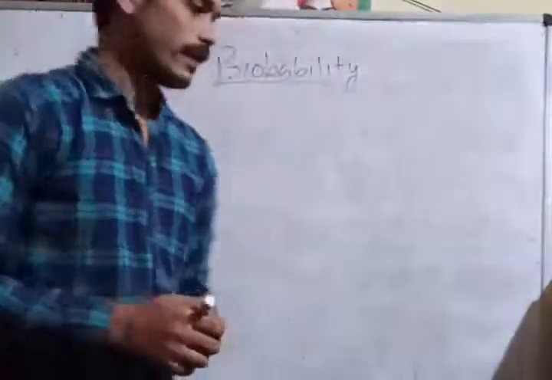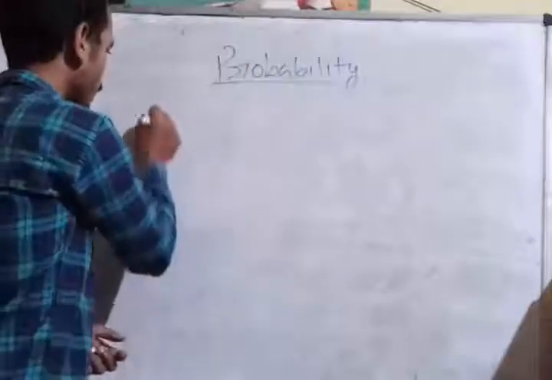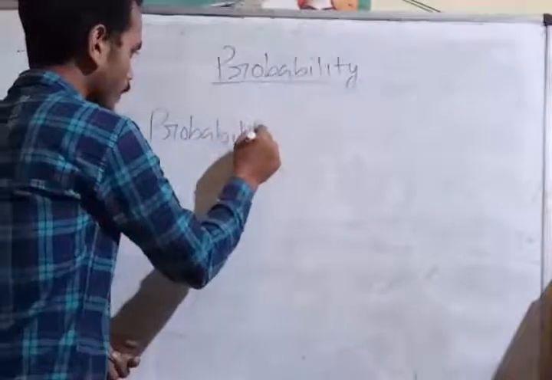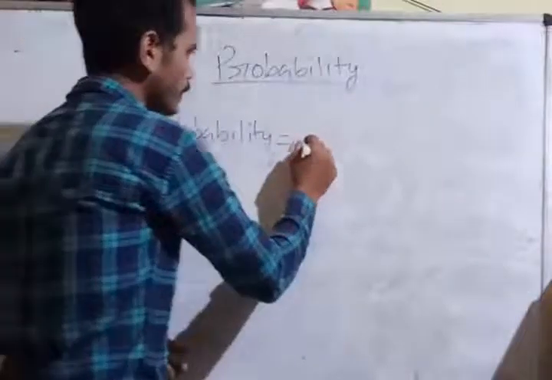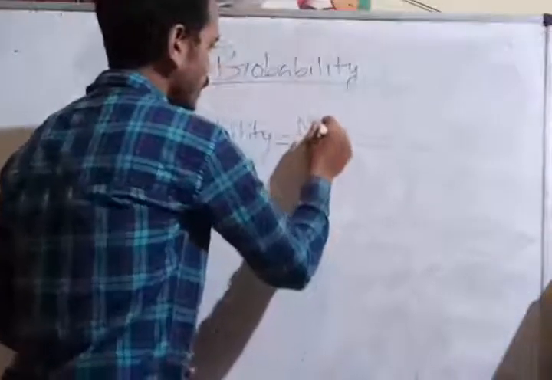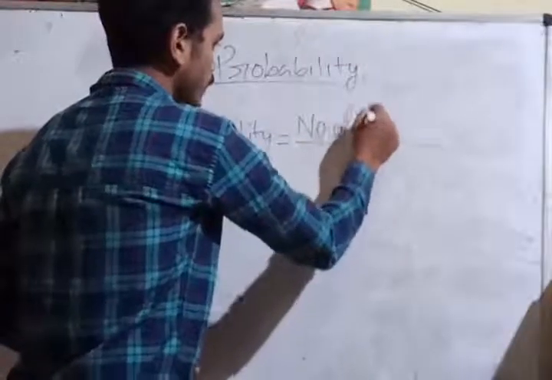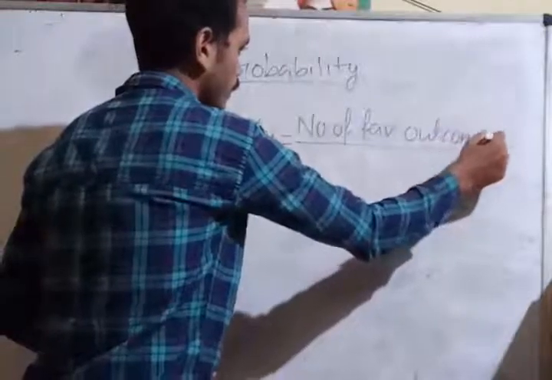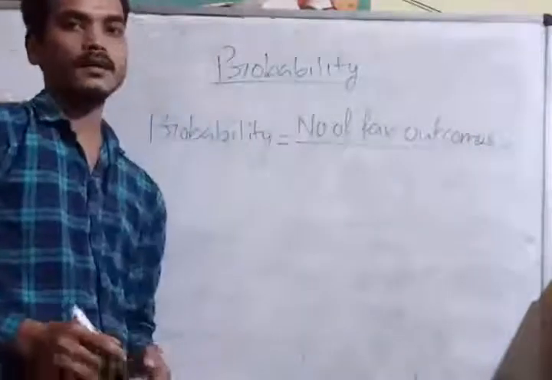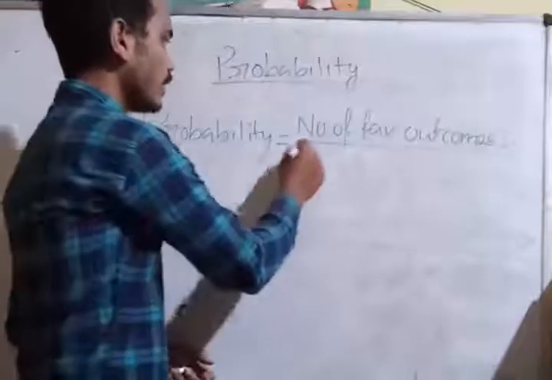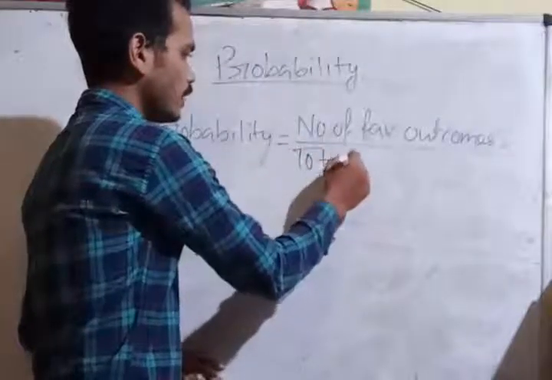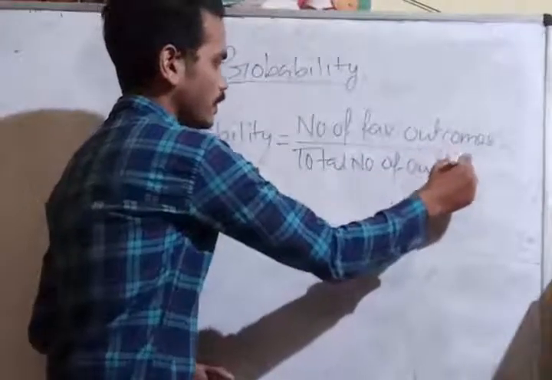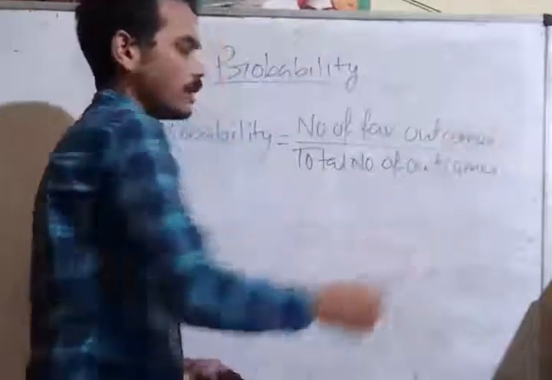So to find the probability, we have one formula. Probability is equal to the number of favorable outcomes divided by the total number of outcomes.